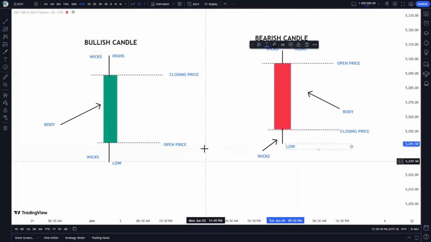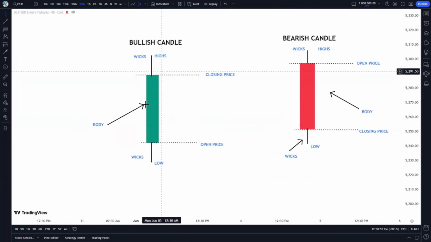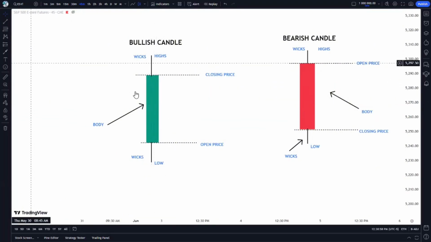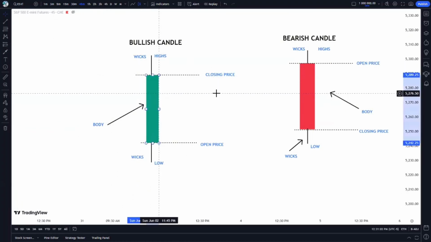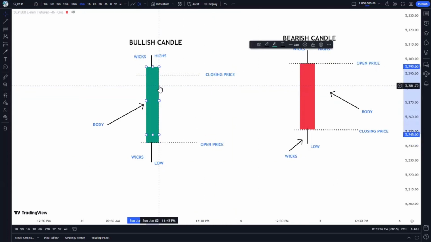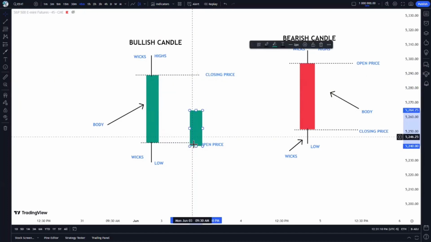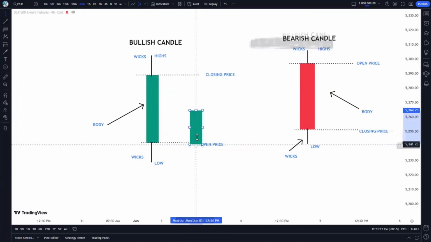And then now I'm going to give you certain information. The larger the body is, that means the candle has more volume in it, because you're going to see some of them big like this, and then you're going to see some very small ones. That means the candle has less volume.